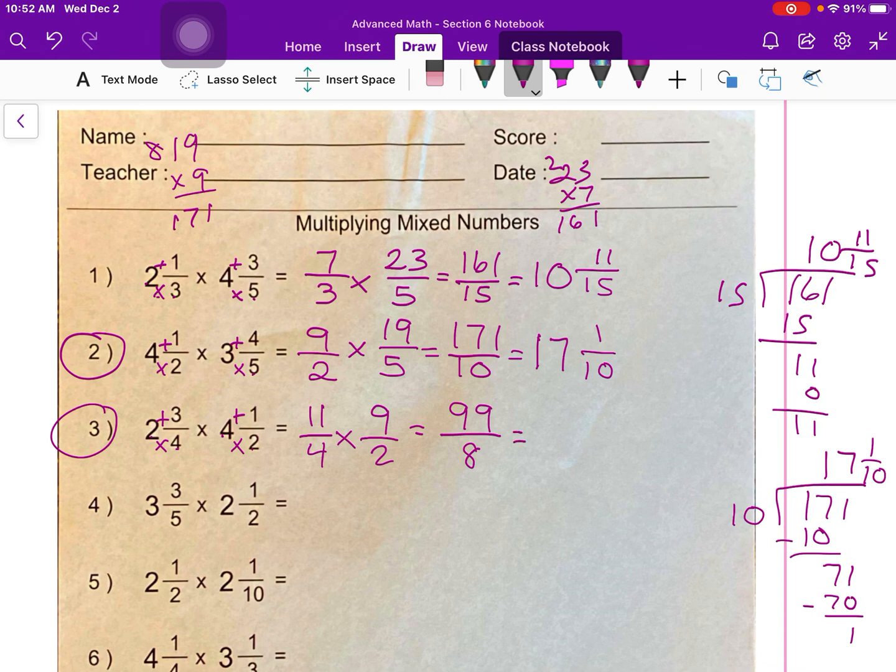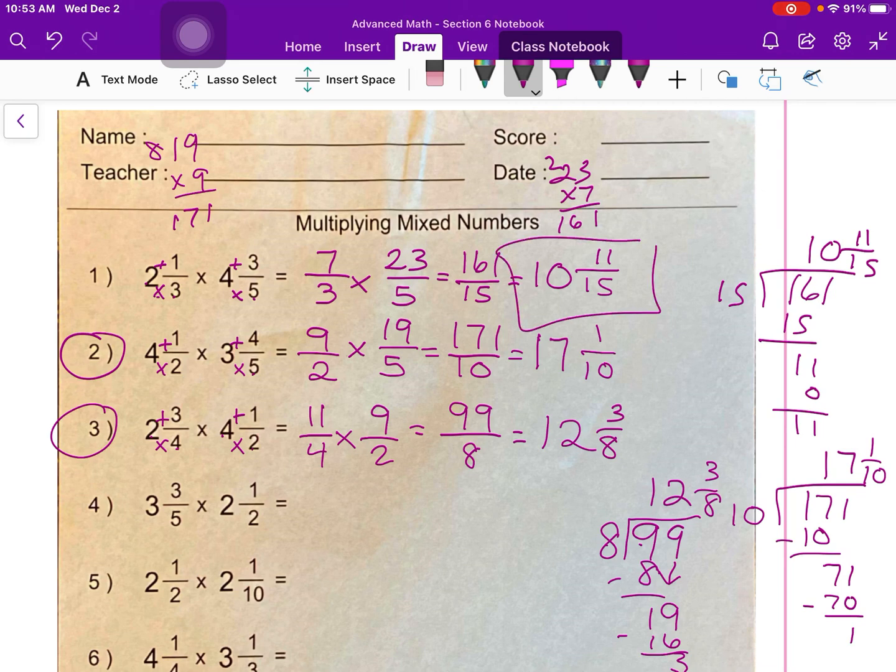And then to change that into a mixed number, I can divide it. Or I can do it in my head, but 8 goes into 9 once. Get 1 left over, bring down that 9. 8 goes into 19 2 times. And there'd be 3/8 left over. So 12 3/8.